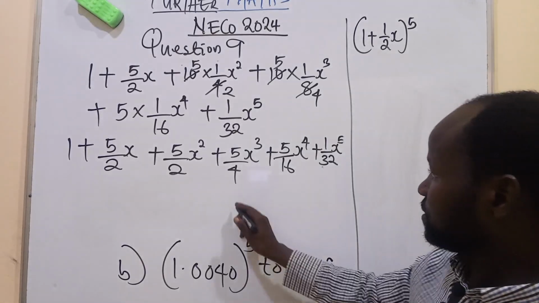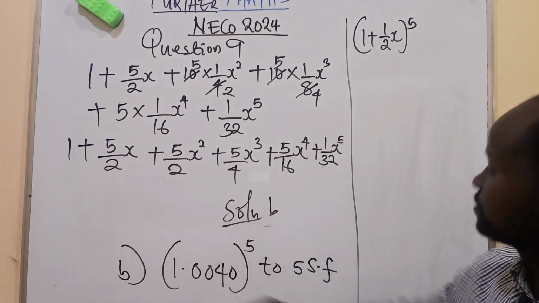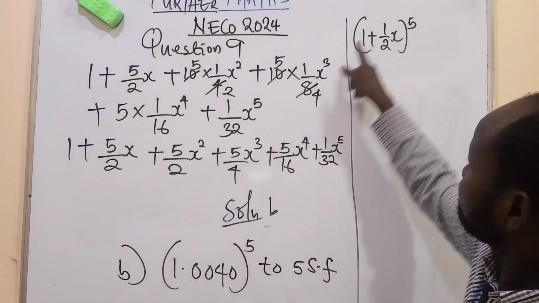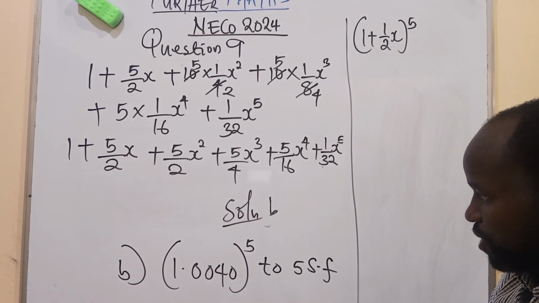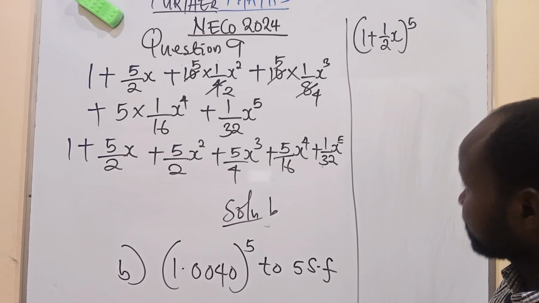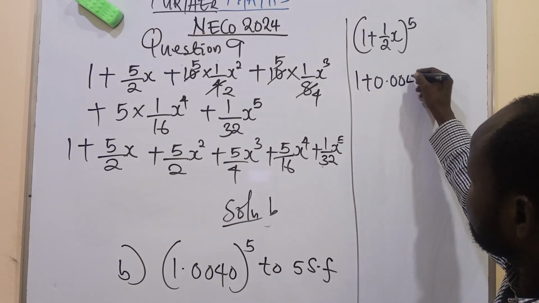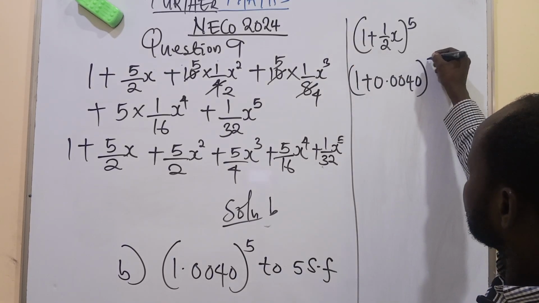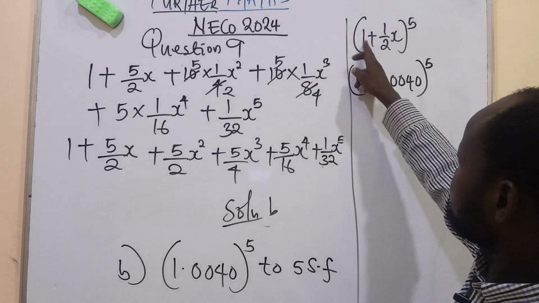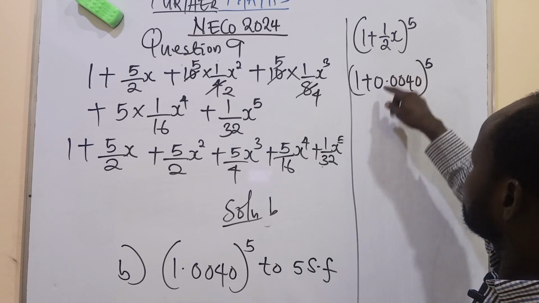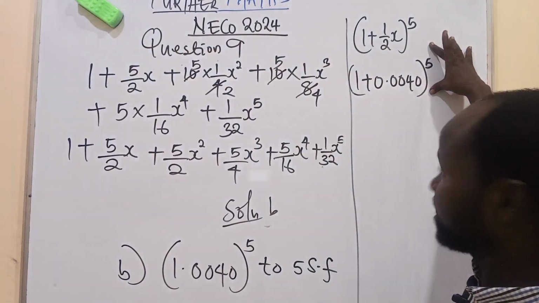We're working on the solution to B now, so we have to relate these two pieces of information. We can write 1.0040 as 1 plus 0.0040, power 5. So we have to relate 1 to 1, half of x to 0.0040, then 5 to 5. So the aim now is to find x in this case.